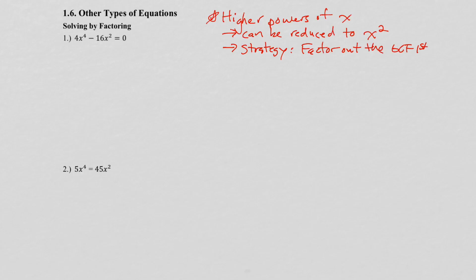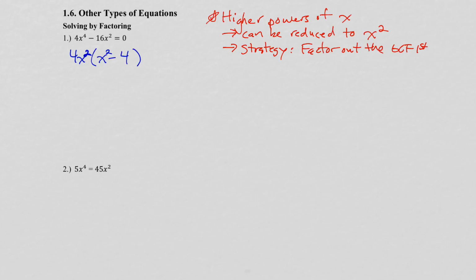And that's basically going to be 4x squared. Okay. And then what's going to be remaining in the parentheses, once you divide out 4x squared from each term, is x squared minus 4.